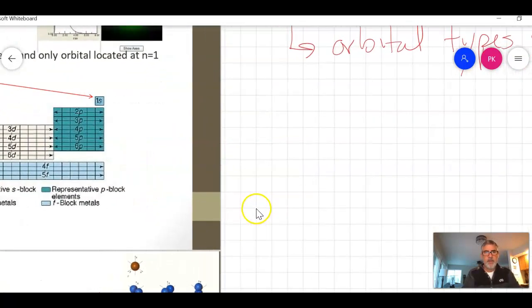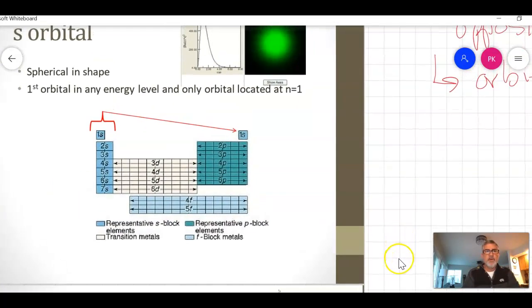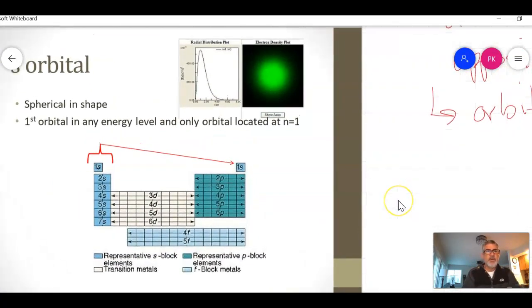All right, so the s orbitals are spherical in shape. The s orbital begins at n equals 1. So it's the only orbital at n equals 1.